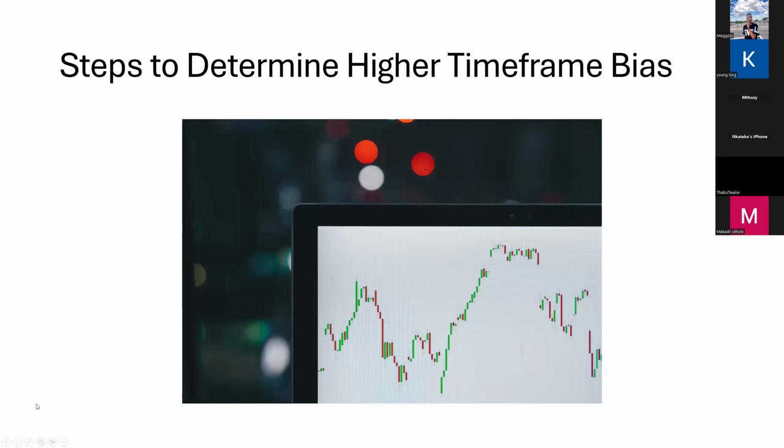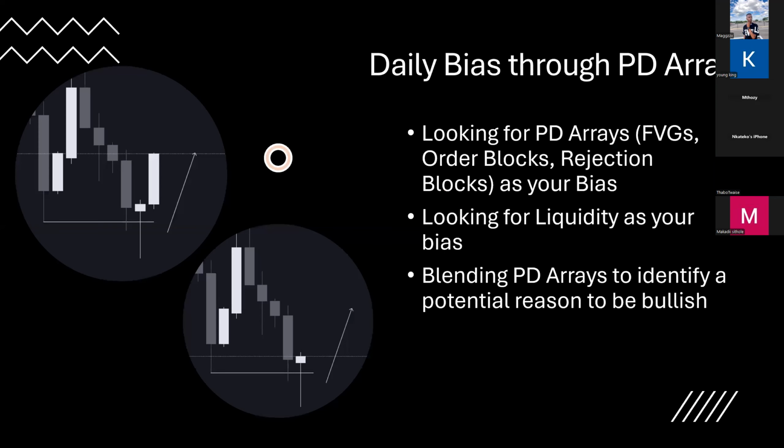So these are the steps to determine your higher time frame bias. You can start by using daily bias through your PD arrays. So you can look for fair value gaps or order blocks or rejection blocks on your daily time frame, and you can use this as your bias. As you can see here on the examples to the side, I used the liquidity here to find a bullish bias.